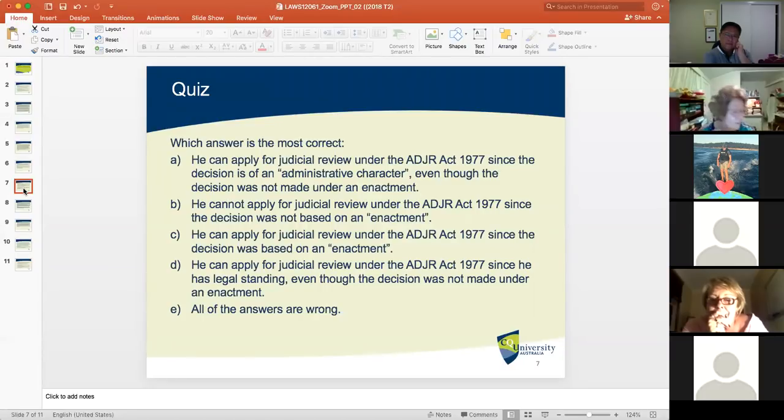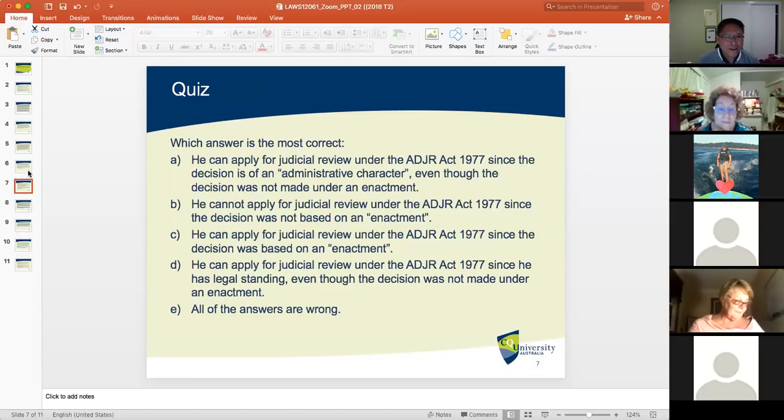C, he can apply for judicial review under the ADJR Act since the decision was based on an enactment. D, he can apply for judicial review under the ADJR Act since he has legal standing even though the decision was not made under an enactment. Or E, all of the answers are wrong.